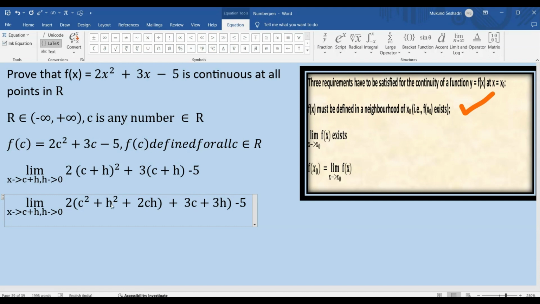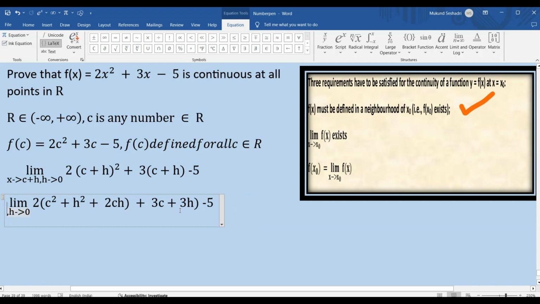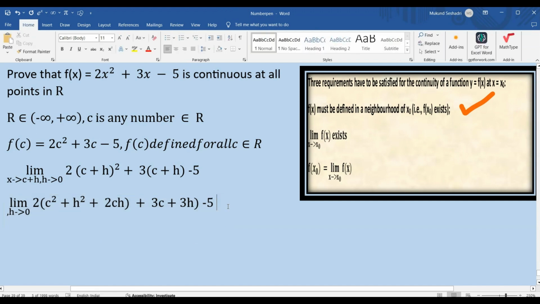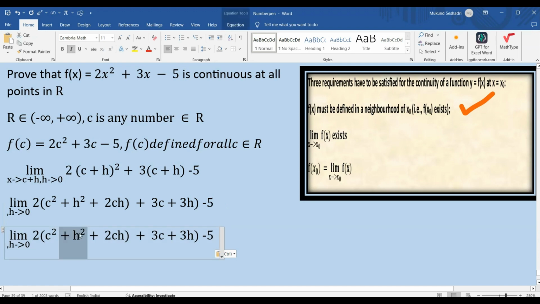Now we know that c can be any number belonging to R, right? So which means when I do a replacement of h equals 0, what do I get? Let me move to the next line, folks. All that I get is h square becomes 0.